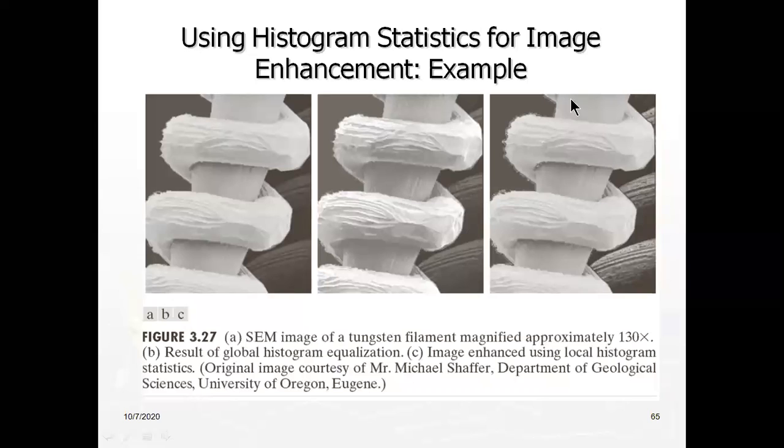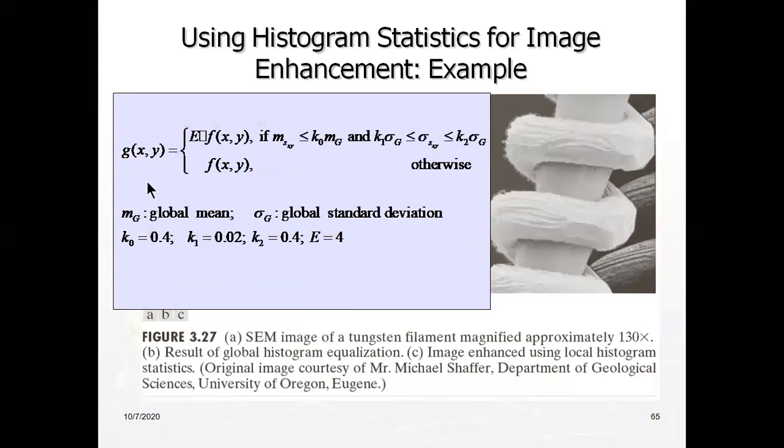Whereas the local histogram, if you see over here, whatever we have here is almost similar to that we have here. A little improvement might be there, but the dark portions are improved much more. The contrast for that is increased much more. So the image enhanced using the local histogram statistics is shown over here, for which the formulas are considered like this.